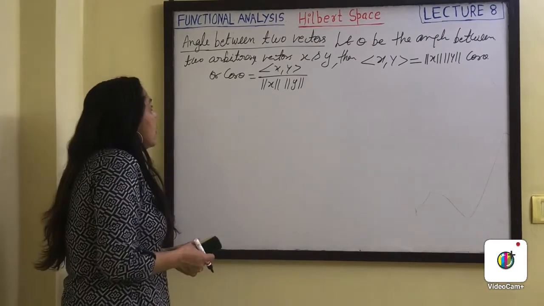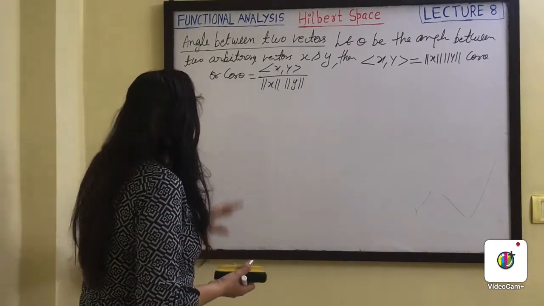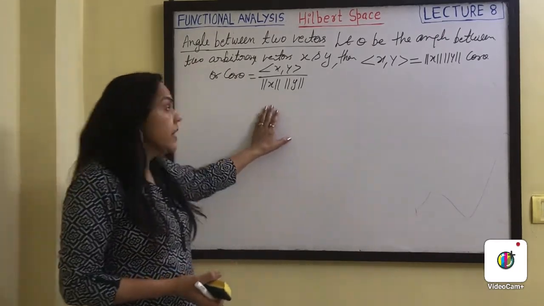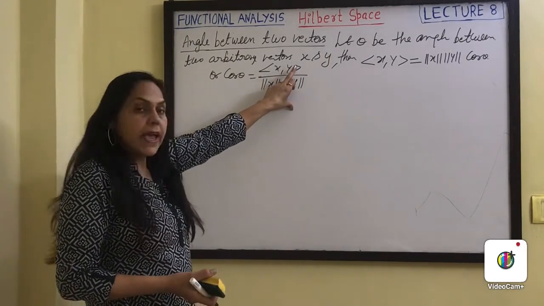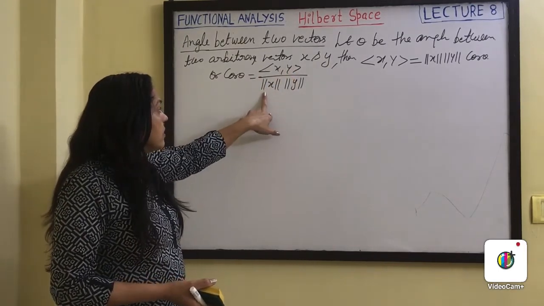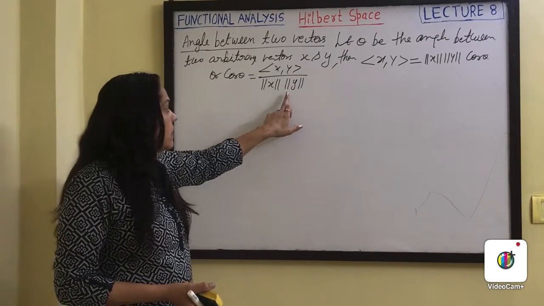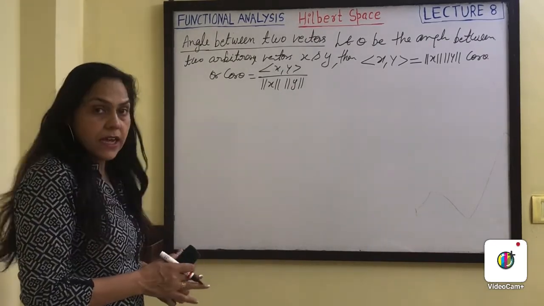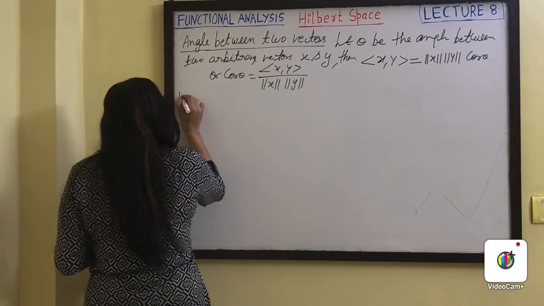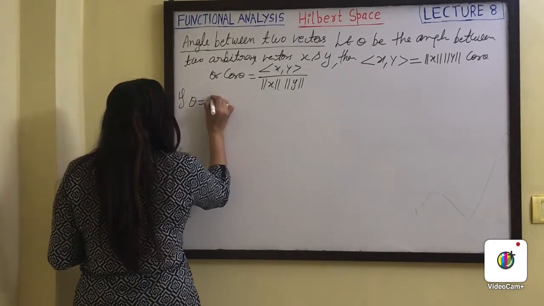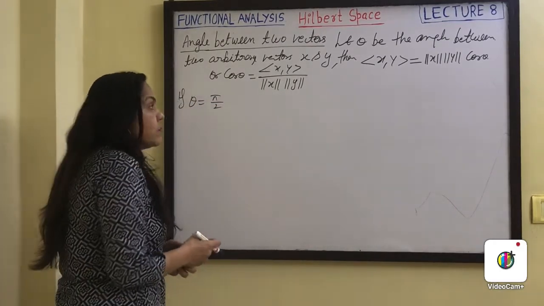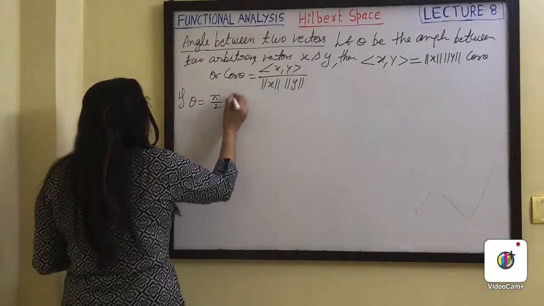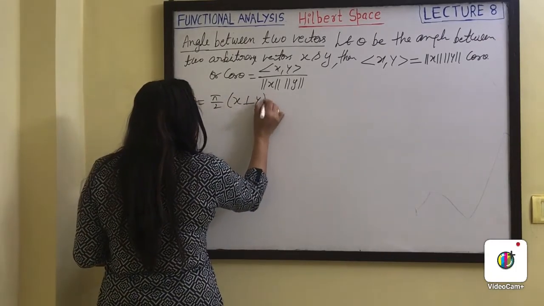So the angle between two vectors is given by inner product of x comma y divided by norm x into norm y. Now if theta is 90 degree, particularly if theta equals pi by 2, we can say x is perpendicular to y.